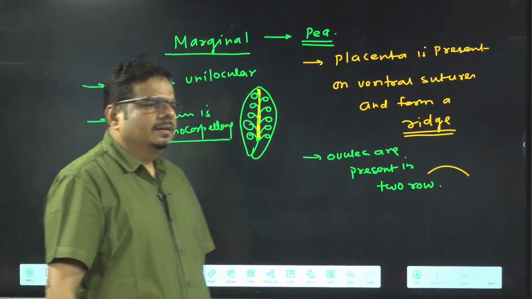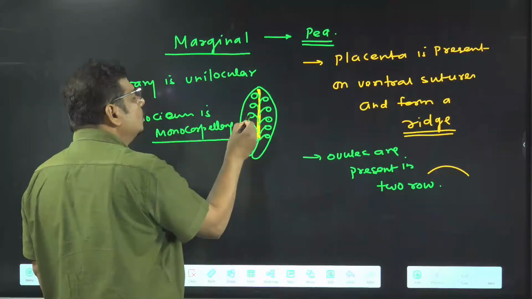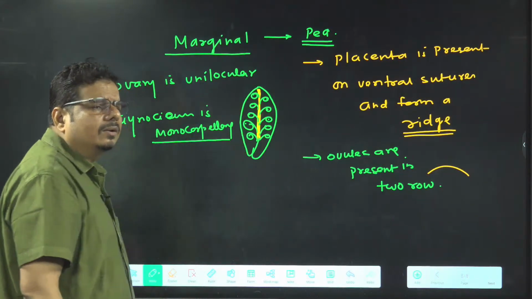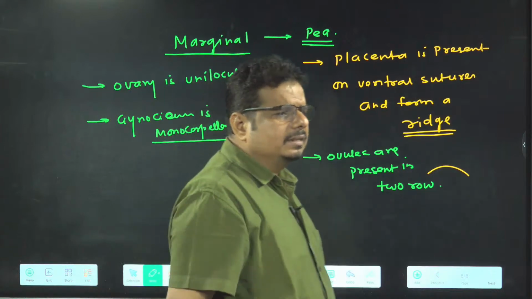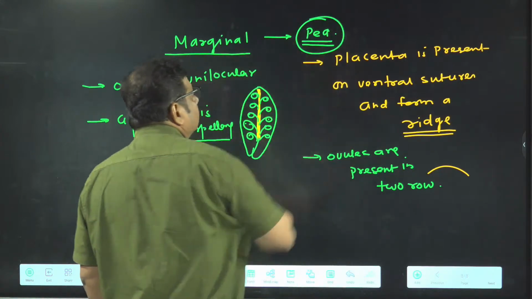Monocarpellary. Getting the things? How many ovules are present in the ovary? Many ovules are present here. Are you getting the idea or not? More than one are present. Able to understand? So this is about the marginal placentation.